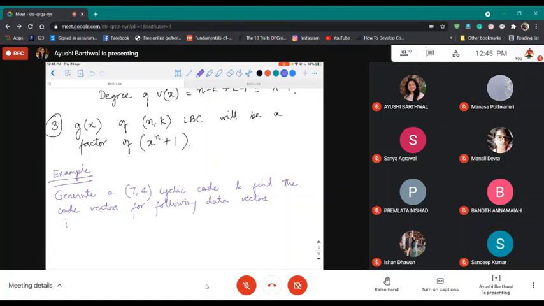The first vector is 1 0 1 0 and the second vector is 1 1 1 1.